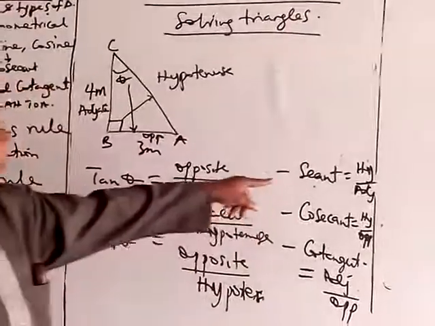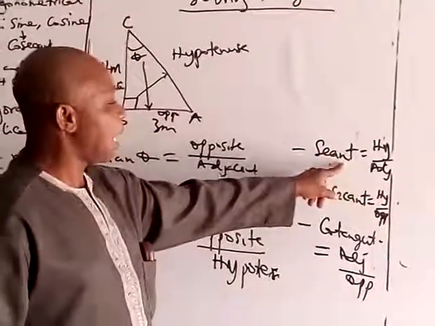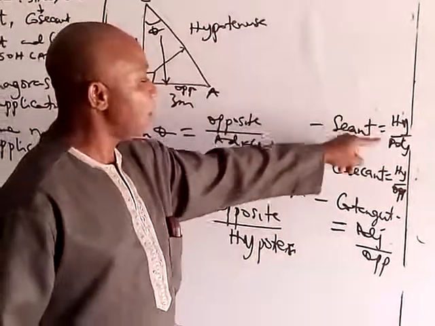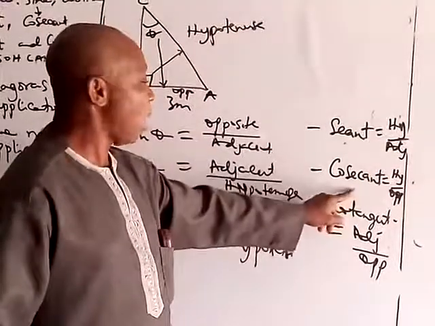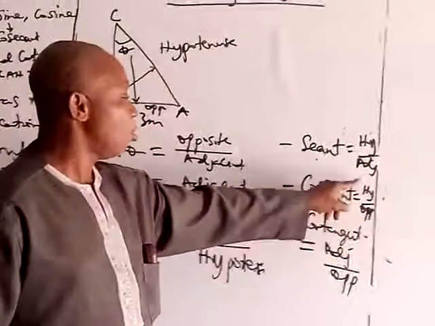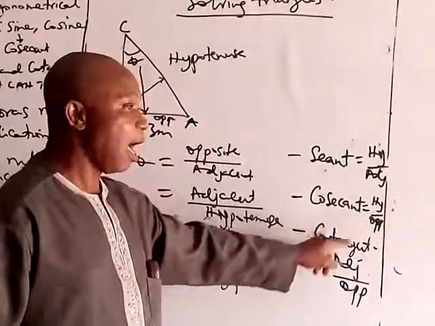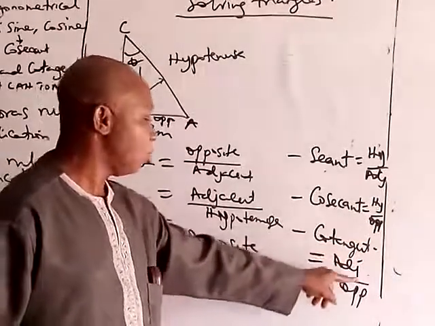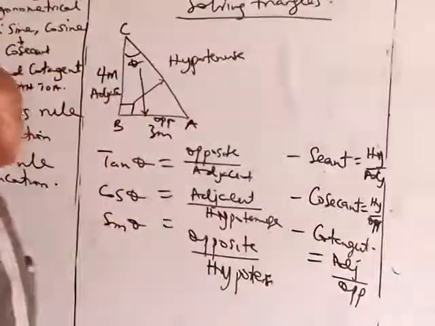The secant is the same thing as 1 all over cos, while cosecant is the same thing as 1 all over sine, and the cotangent is the same thing as 1 all over tan.